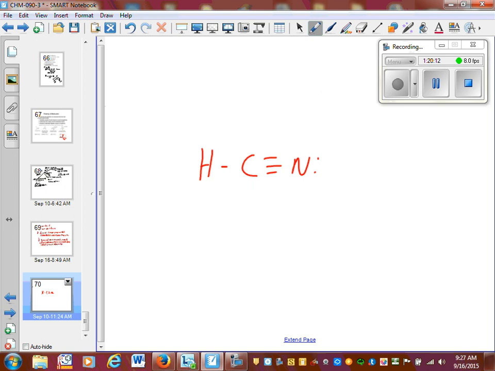It would be linear, but is it polar or nonpolar? It would be polar, because nitrogen is more electronegative than carbon, so I've got something pulling this way, and I don't really have anything pulling this way. So they're not symmetrical, so this is going to be polar. Just because something's linear doesn't mean it's nonpolar. You're looking for symmetry too. This isn't symmetrical. So hydrogen cyanide is polar.